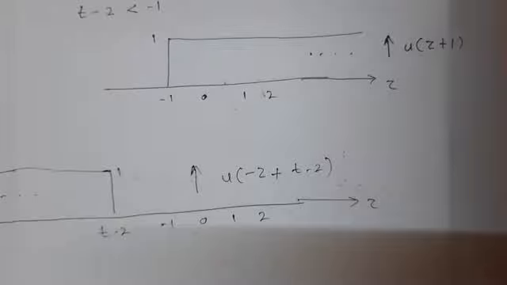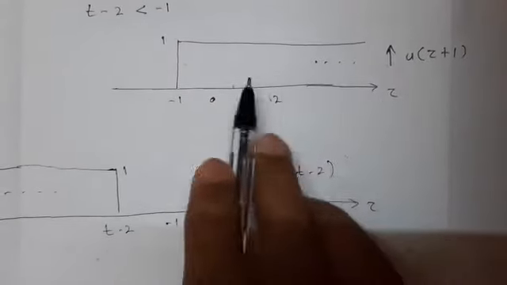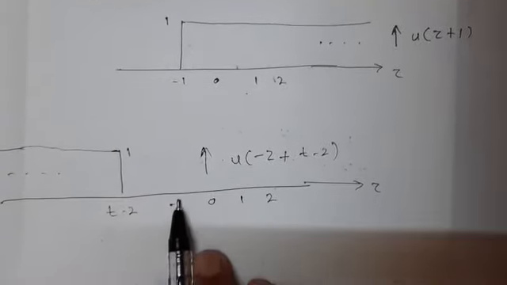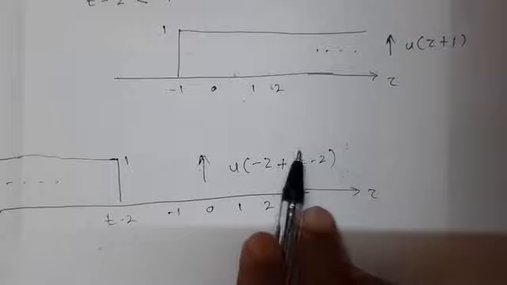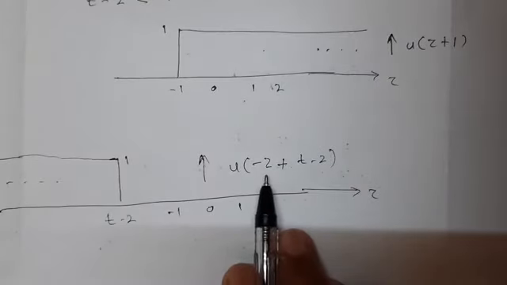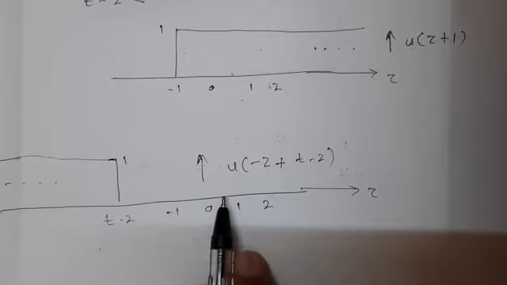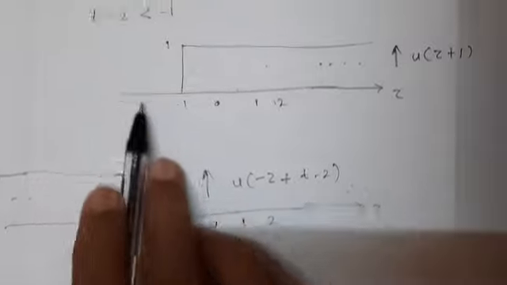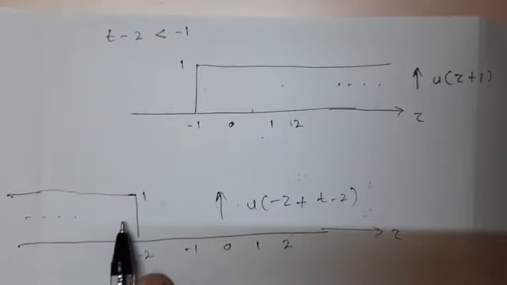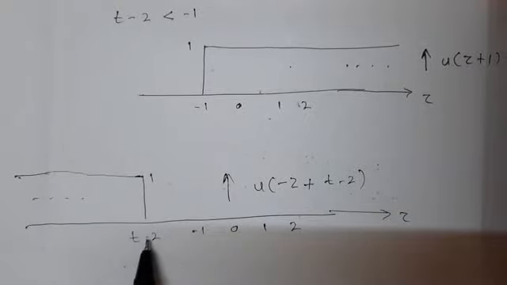Now what is the overlapping region? When you multiply from minus 1 to 0, 1, 2, I don't have any signal there. No signal exists here, and hence I can tell it is 0. Less than minus 1, I don't have any signal for x of tau, but for h of t minus tau I have the complete signal starting from t minus 2.